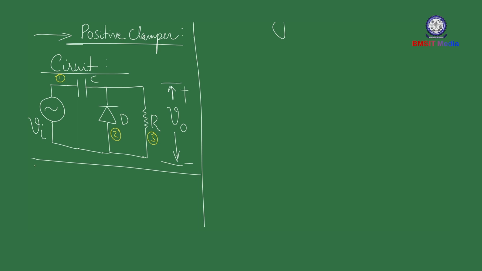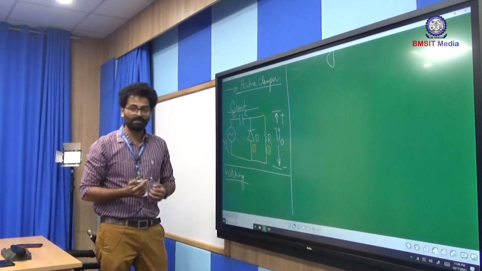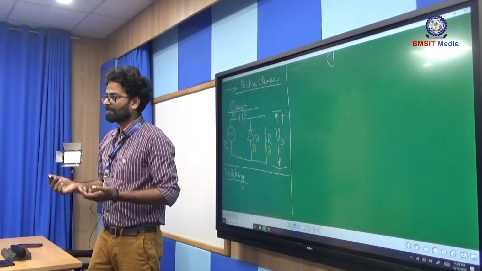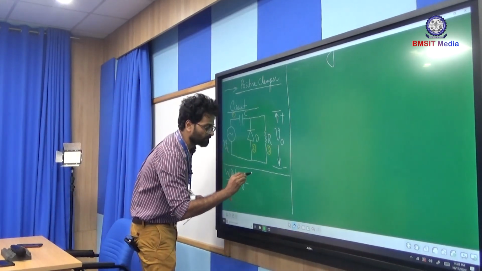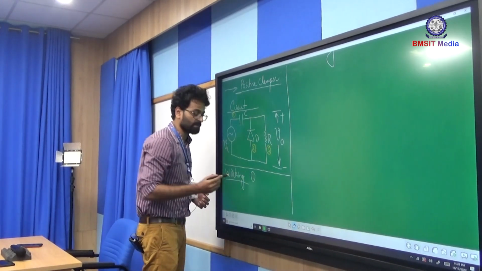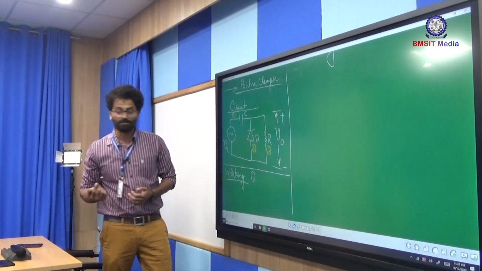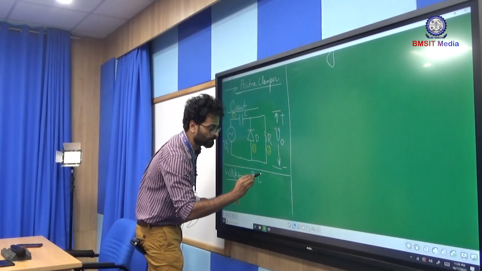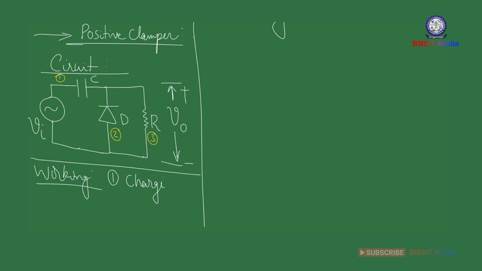So next comes the working. The working of a clamper is split into two parts. The first part is finding out the charging voltage, so you can call it the charging cycle. We want to know to what voltage level the capacitor is being charged.